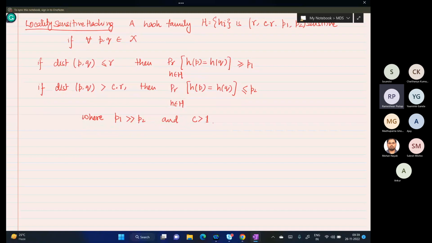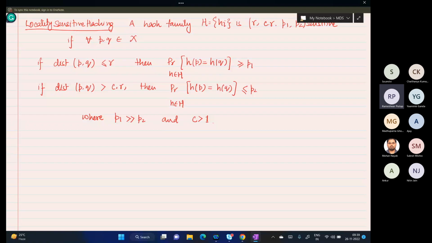So basically, using this hash function, we can design several buckets and group points into those buckets, and using the property of the locality sensitive hashing function, it is guaranteed that similar points will go in the same bucket with high probability, and dissimilar points will go in the same bucket with very small probability.